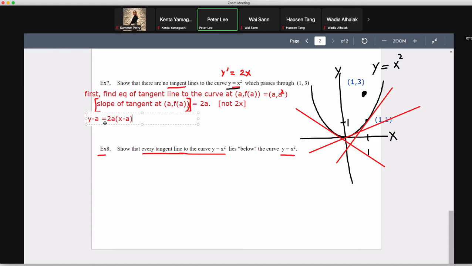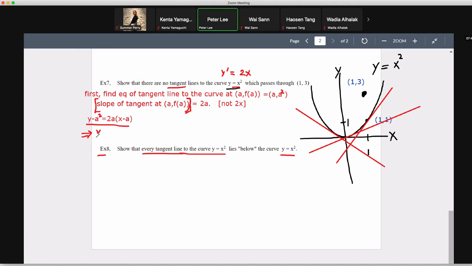And note that the slope is 2a, not 2x. Students make this mistake sometimes, so I need to put a square here. So that's the equation.